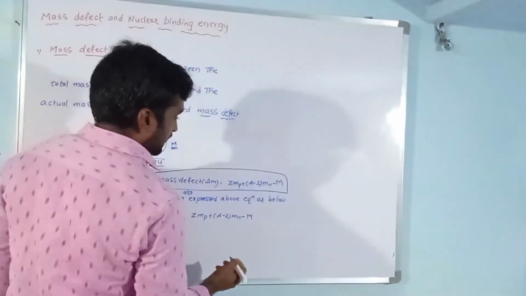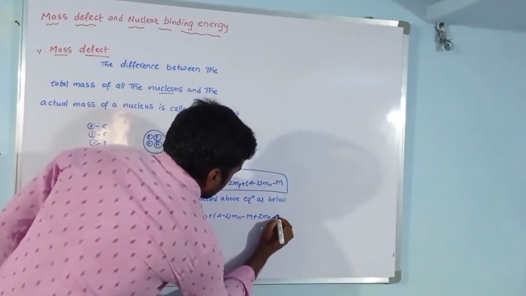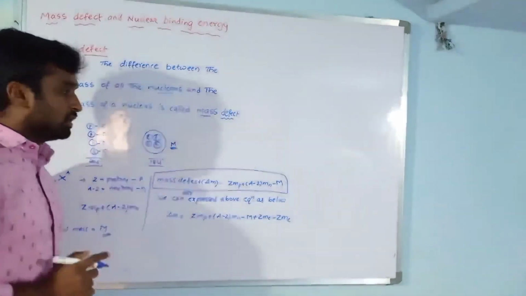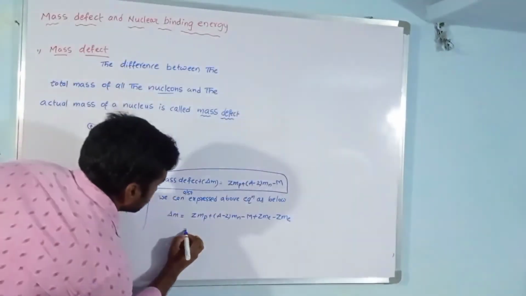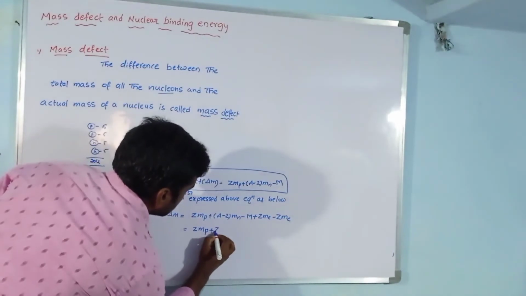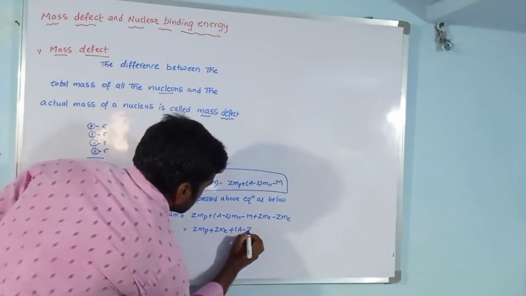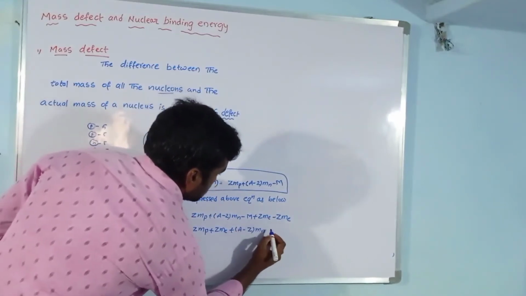I am adding and subtracting the term ZMe. Me means the mass of the electron here. So I am writing ZMP plus ZMe plus (A minus Z)Mn. The remaining terms are minus M minus ZMe.